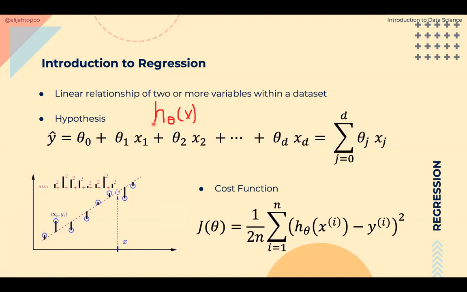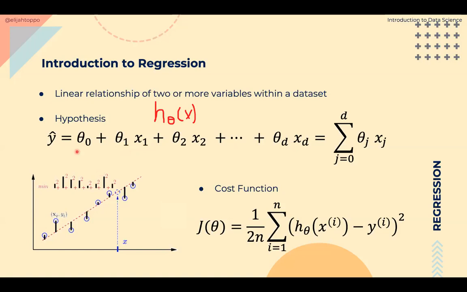Now, additionally, if I want to take this equation and write it in summation form, I hope all of you will be familiar with the summation form. So if I have to write this in the summation form, I can write it from theta 1 x1 till theta d xd.